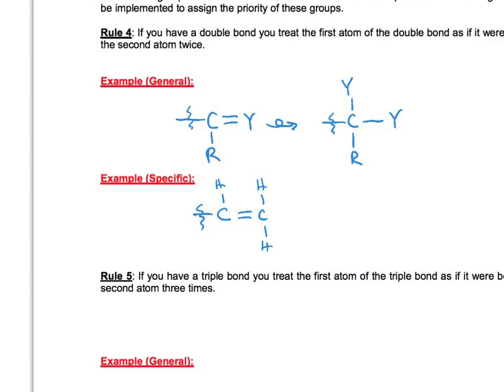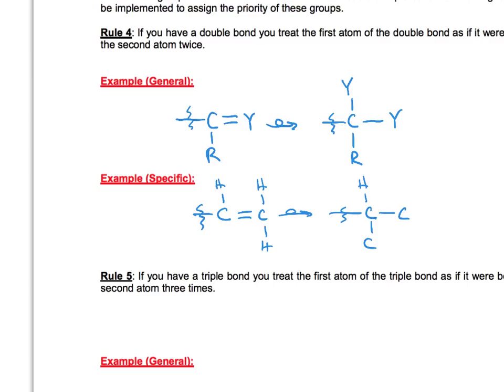H. What this means then is that this carbon is bound to a hydrogen, a carbon, and a carbon. So if we redraw it, really what we're saying then is it's bound to this C. This carbon is bound to this carbon twice, so C, C, H, as such.